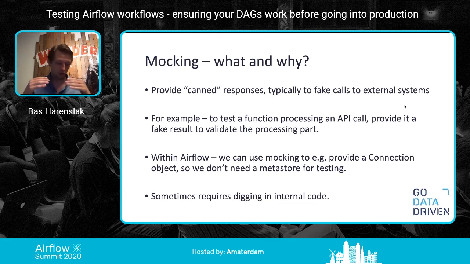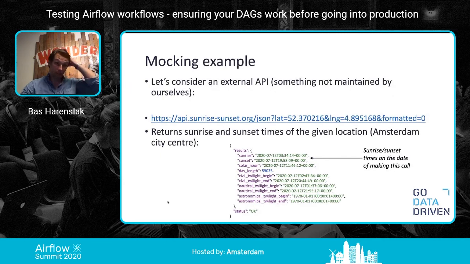Instead, you plug into your code, saying at this point I'm going to make a call to my production system, but instead I'm just going to return something that the production system should return. Word of warning, mocking sometimes requires digging into internal code. It's a bit more complex.